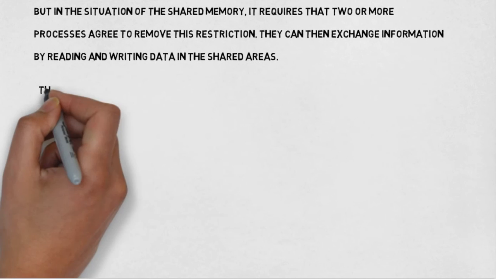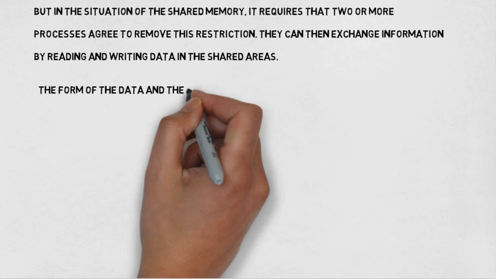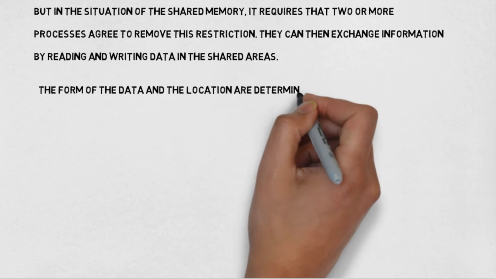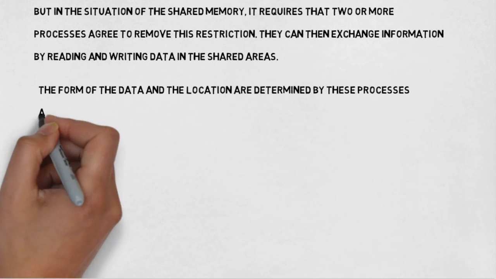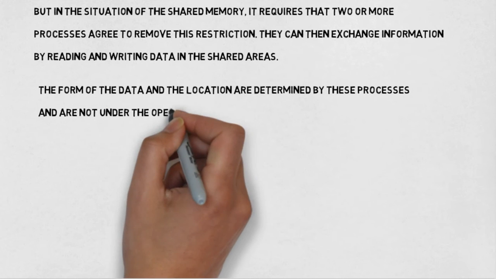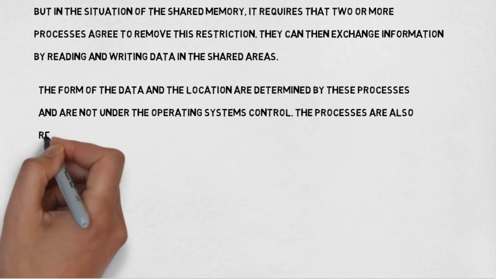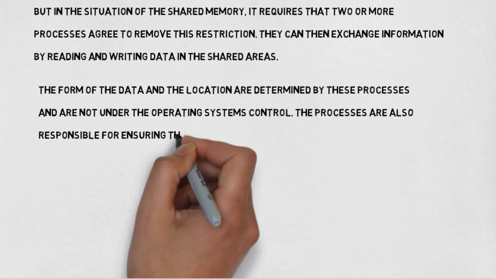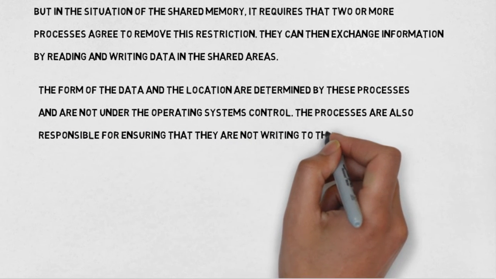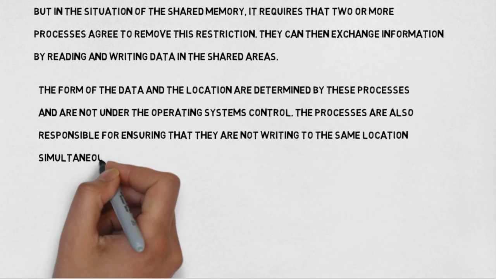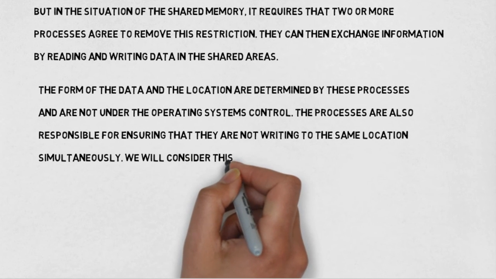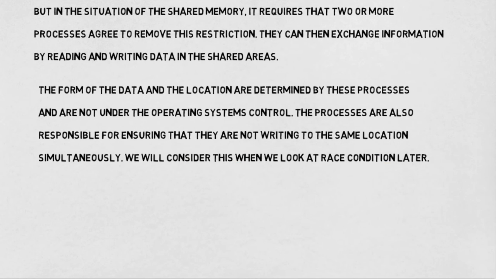The form of the data and the location are determined by these processes and are not under the operating system's control. The processes are also responsible for ensuring that they are not writing to the same location simultaneously. We'll consider that when we look at race conditions later on.